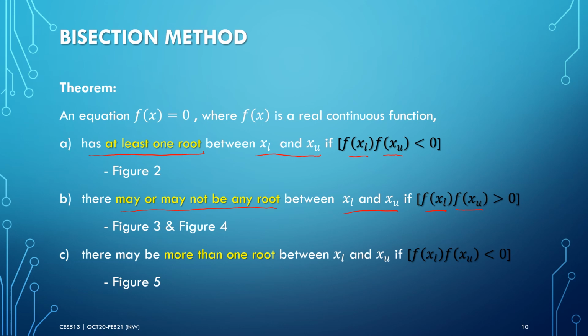Okay, so this can be seen from figure 3 and figure 4 in the next slide. And then C, there may be more than one root between the lower bound and upper bound if the function of the lower bound multiplied by the function of the upper bound is lesser than 0. This is the case of figure 5.